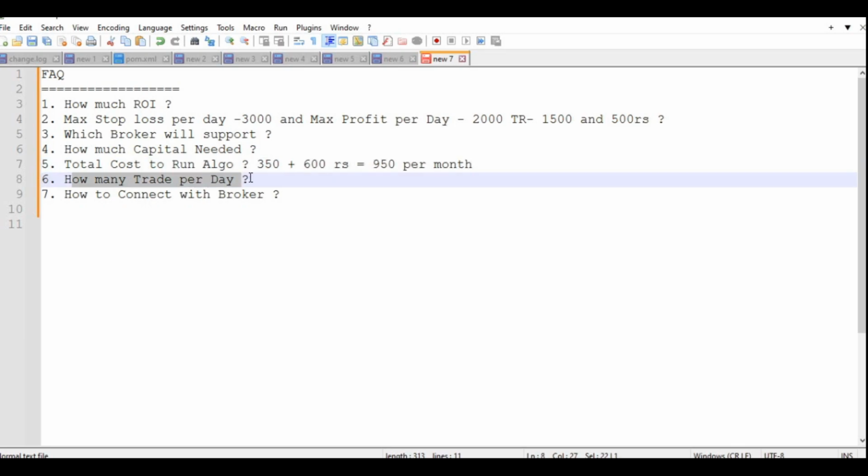So the next thing is how many trades per day it will be running. So it will be only one trade. Okay, one trade. So we are very particular on this, and I recommend everyone to use only one trade.